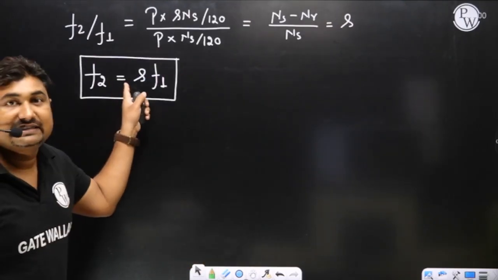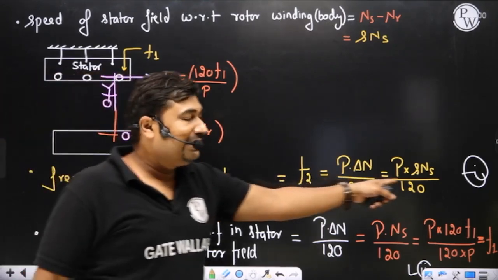Frequency of current in the rotor winding is F2, sir.